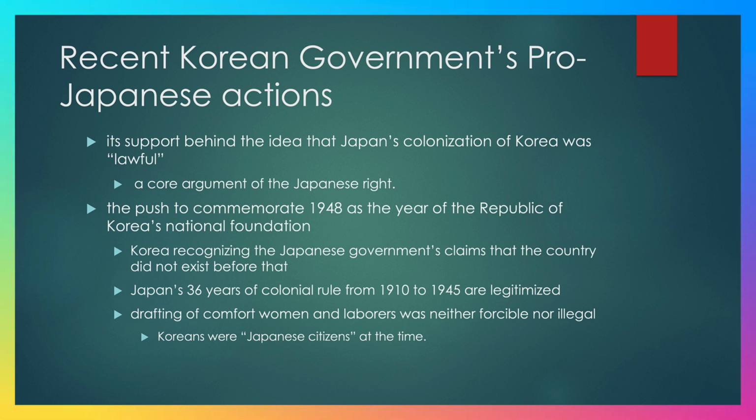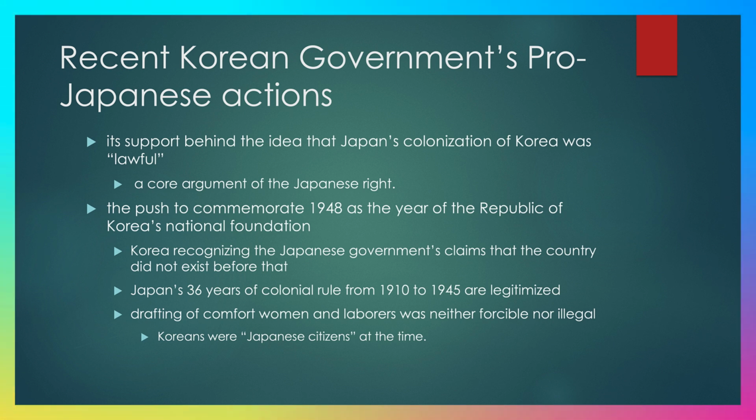And like even this Korean government pushed to commemorate 1948 as the first year of South Korea, South Korea as national foundation, but actually, it is not 1948, right? The Japanese colonial occupation was from 1910 to 1945, right?